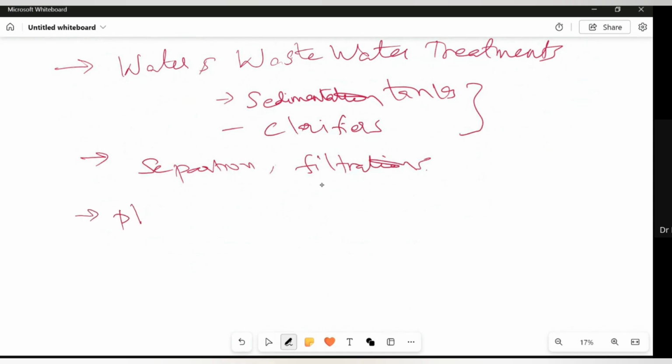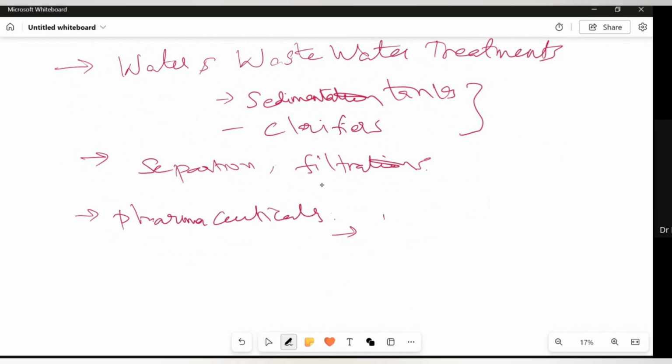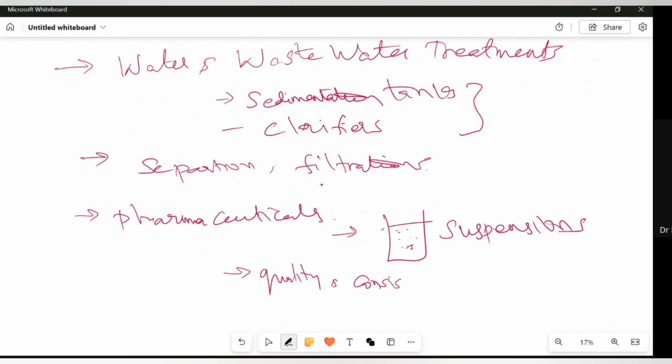Also in pharmaceutical industries, what is the settling time of the particle? Because we prepare several medicines in the form of suspensions, right? So understanding terminal settling velocities is important to determine the quality and consistency of the suspensions prepared.